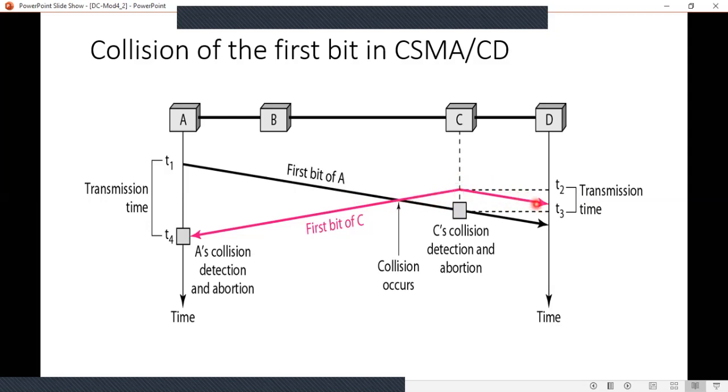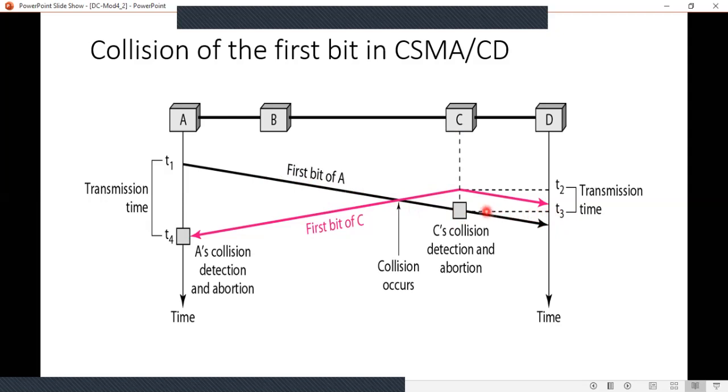Now at some time after t2, the first bit sent by station C and the first bit sent by station A will collide with each other. Here the collision occurs. Next, station C will detect the collision at time t3.